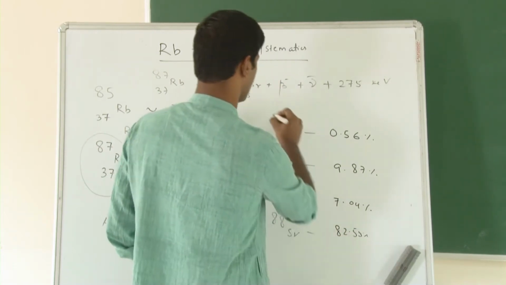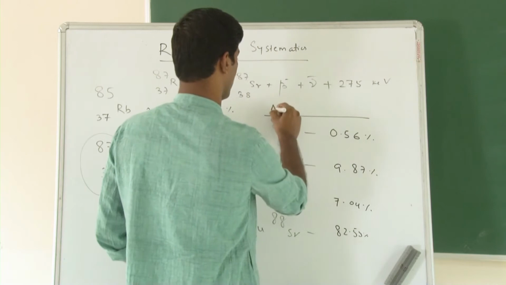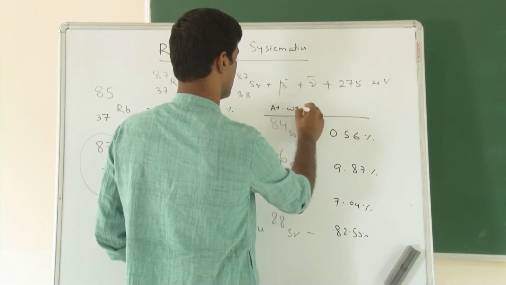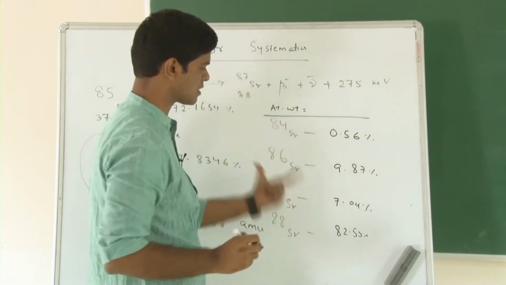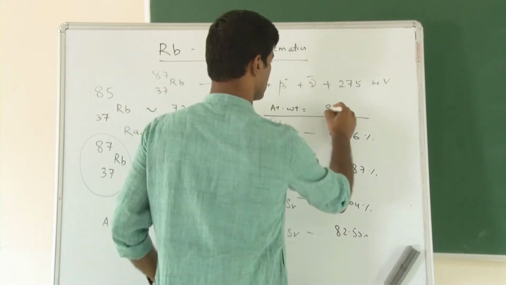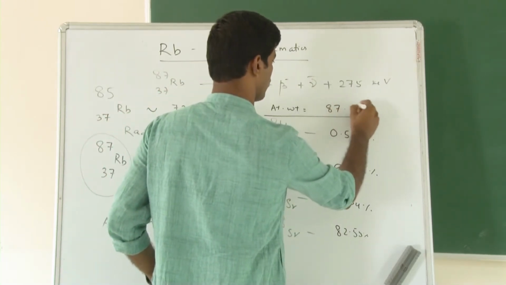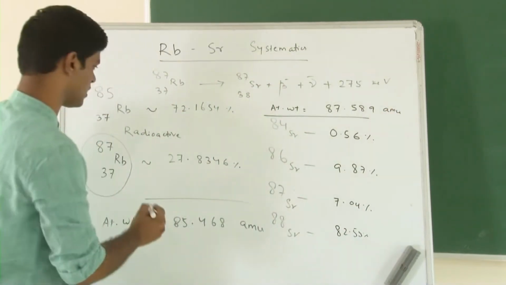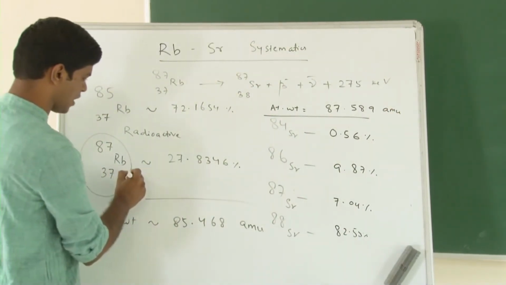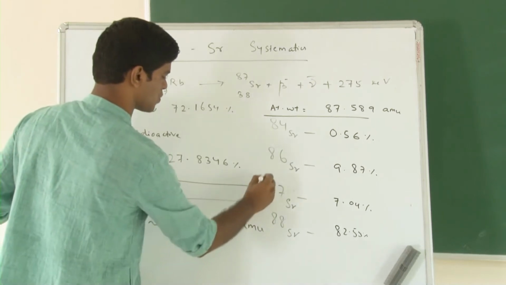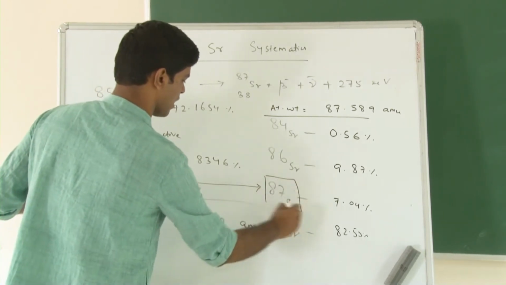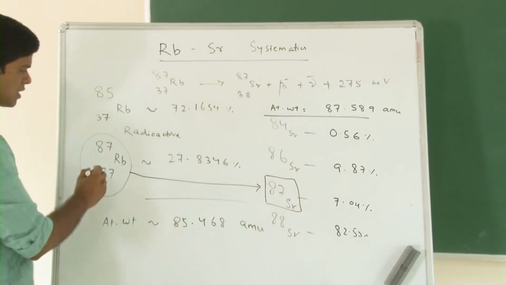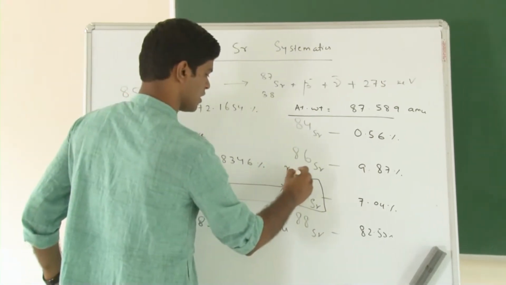And if you compare them with their atomic weight, which should be the weighted sum of abundances and atomic mass, this turns out to be 87.589 AMU. And we are interested in the decay of rubidium 87 into one of the isotopes, strontium 87, and this is radiogenic. So, this is radioactive and this is radiogenic, right.